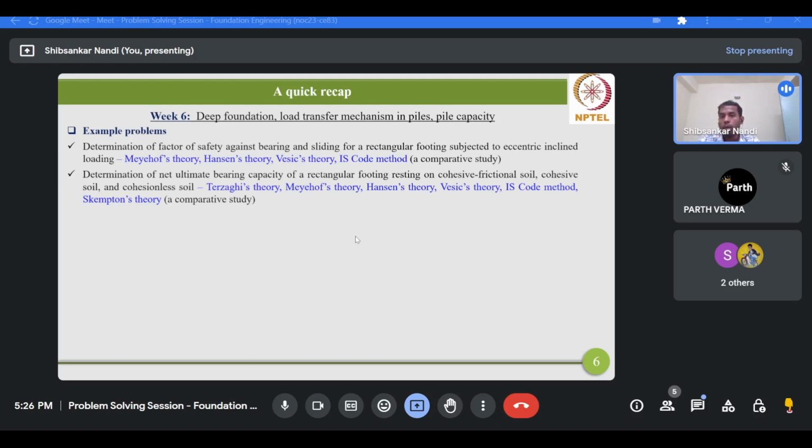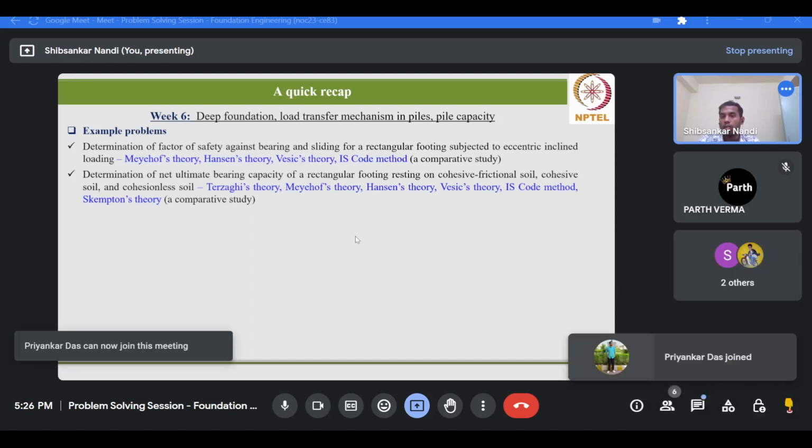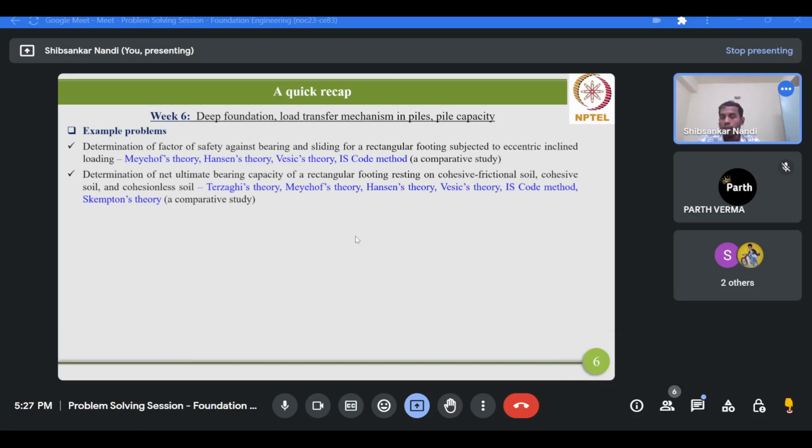Now in this problem the load is applied at some eccentricity along the width direction from the center of the cross section, and again the load is at an angle with the vertical direction. We solved this problem based on Meyerhof's theory, Hansen's theory, Vesic's theory, IS code method, and lastly we drew a comparison considering all these theories. So this is a sort of comparative study.